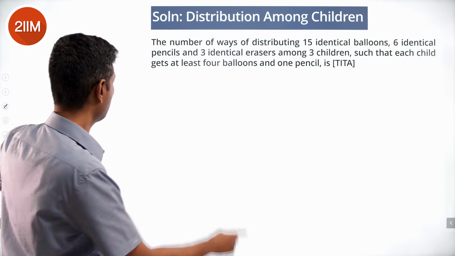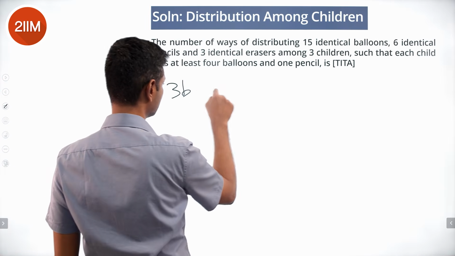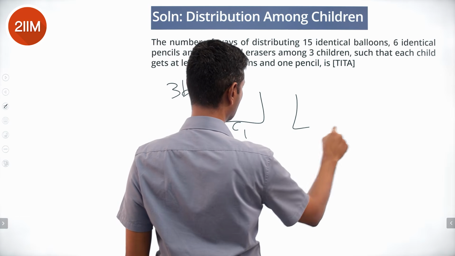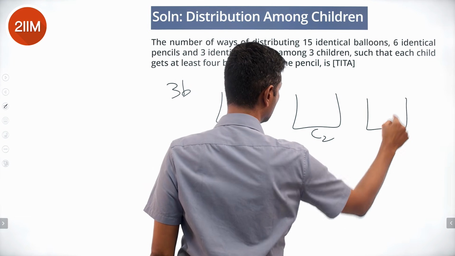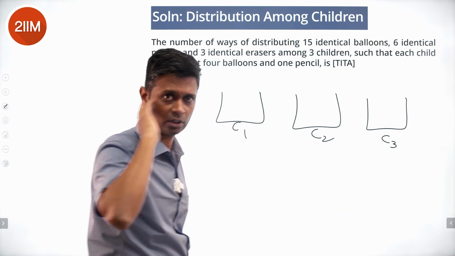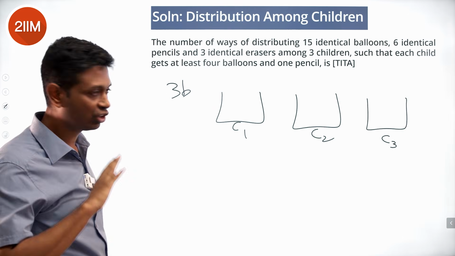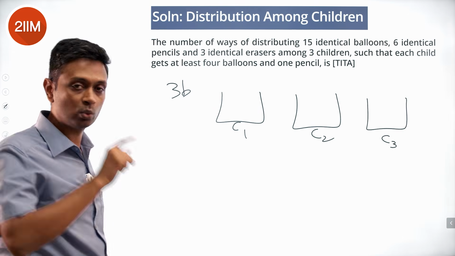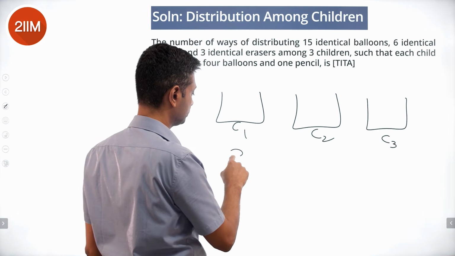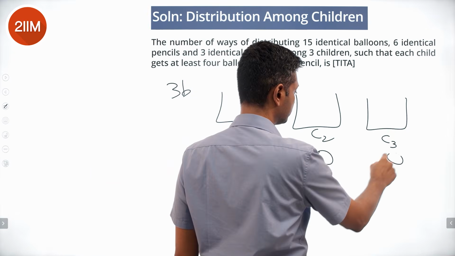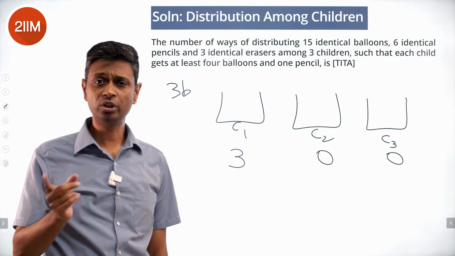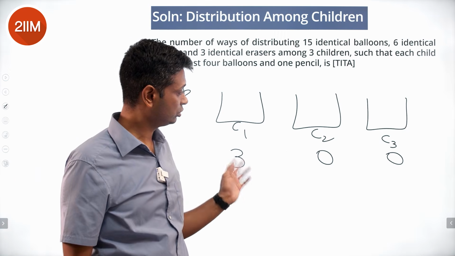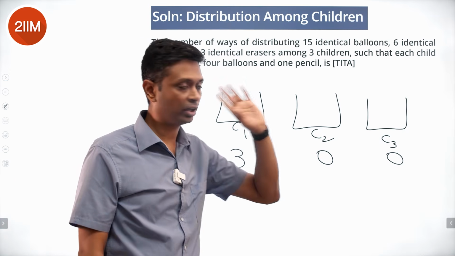I think about only 3 balloons. Child 1, child 2, child 3. I could have a scenario where all 3 go to one child. This is 3, 0, 0, which could be 3, 0, 0, 0, 3, 0, 0, 0, 3.